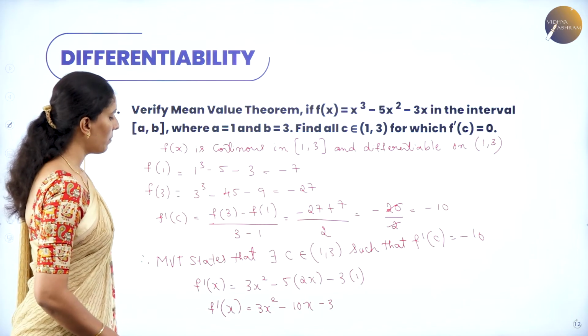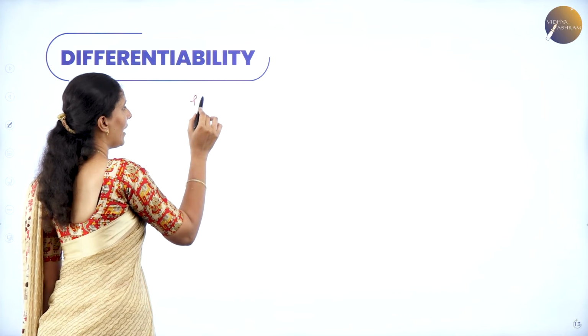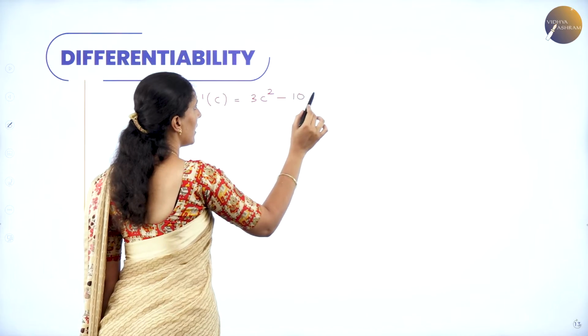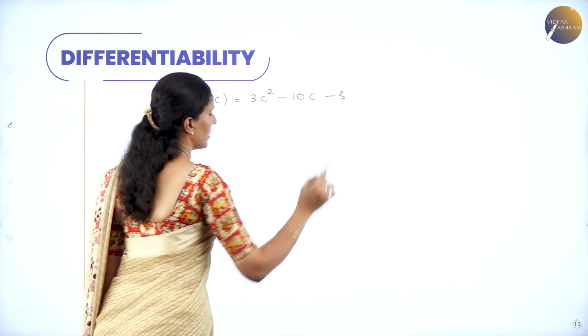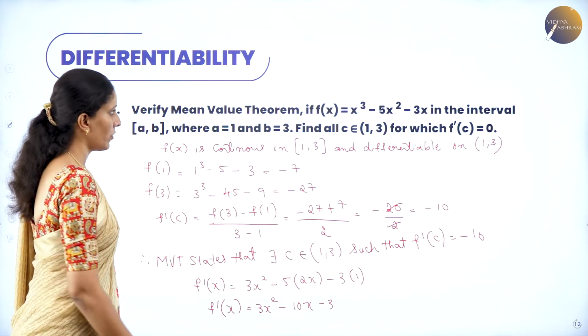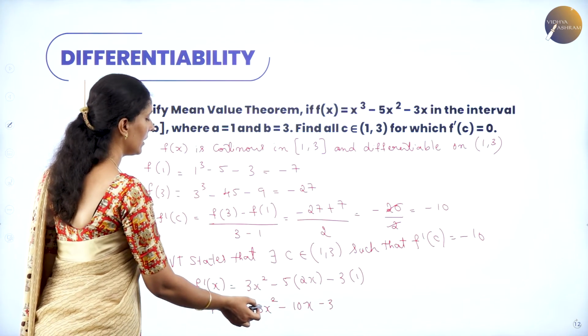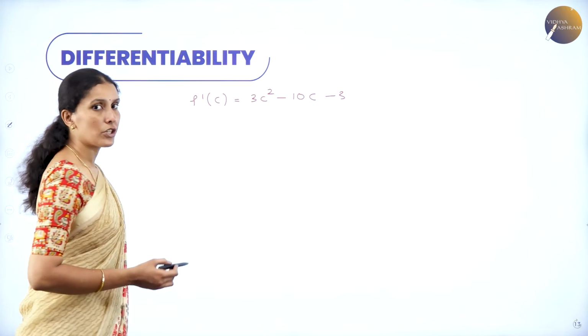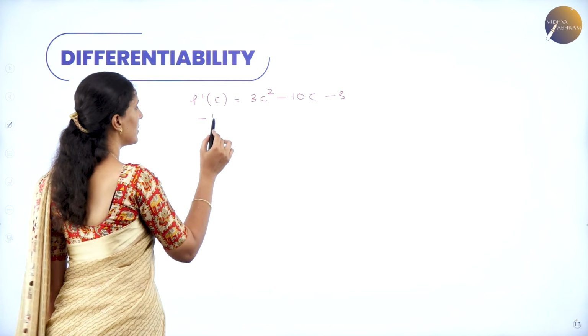Thus the derivative at point C becomes f dash of C is equal to 3c square minus 10c minus 3. So here it is, we get just replacing c here, 3c square minus 10c minus 3. Now f dash c is given as minus 10.